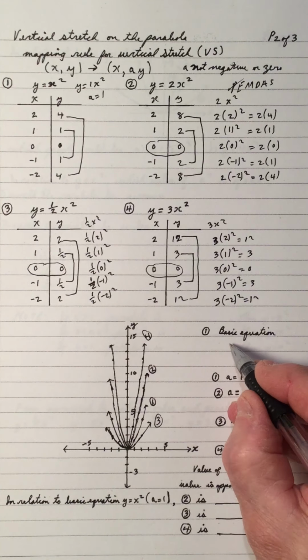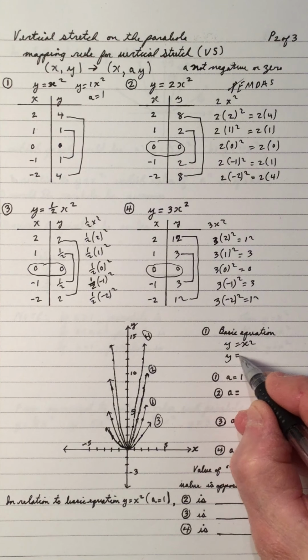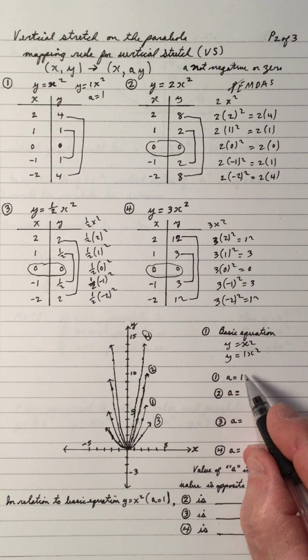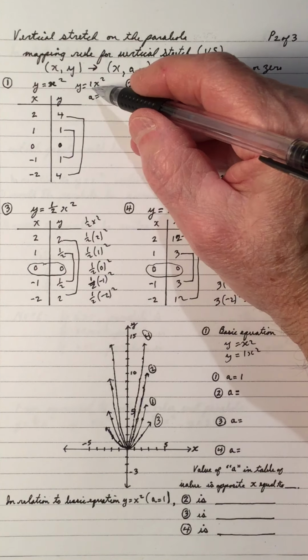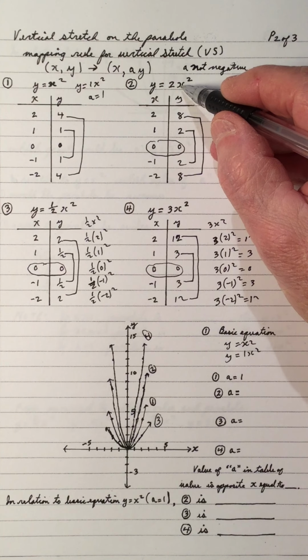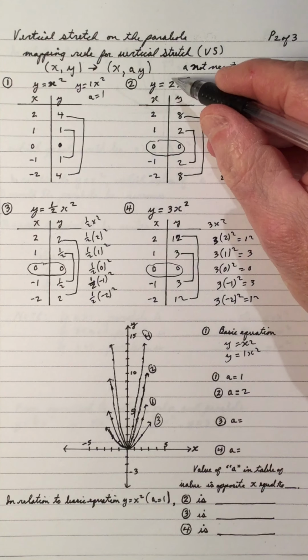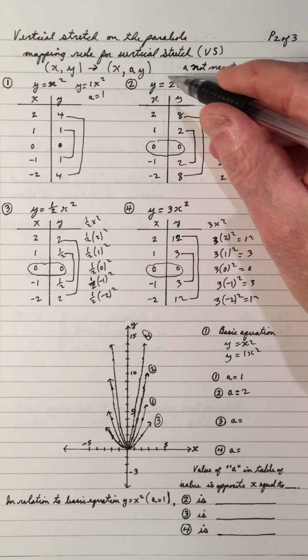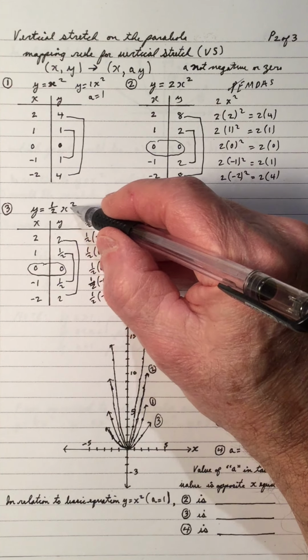So we have a basic equation that says y is equal to x squared. So y is equal to 1x squared. Notice in number 1, the basic equation, a is 1. In number 2, a is 2. In number 3, a is a half, a half times x squared.